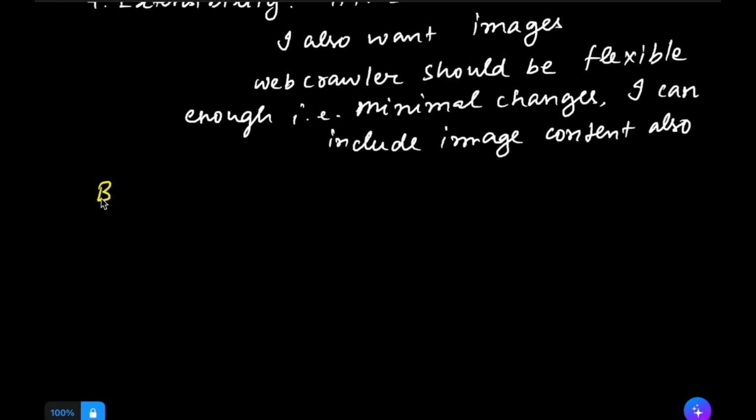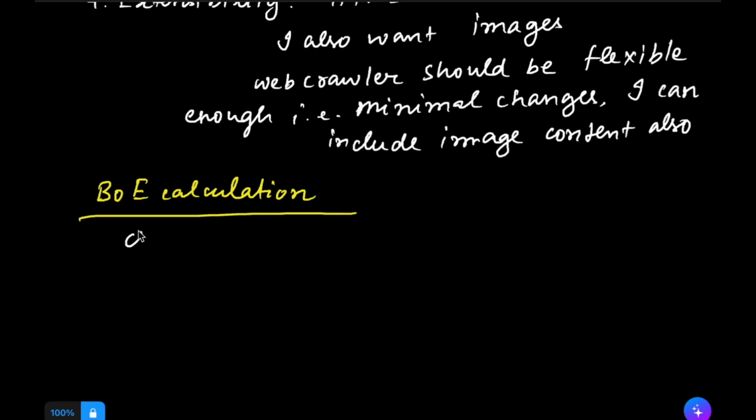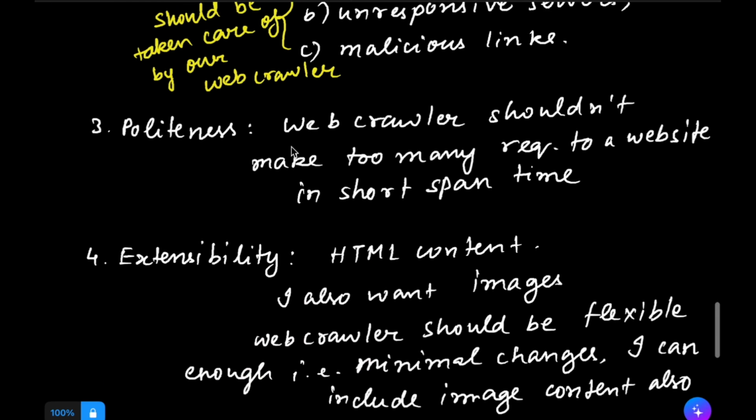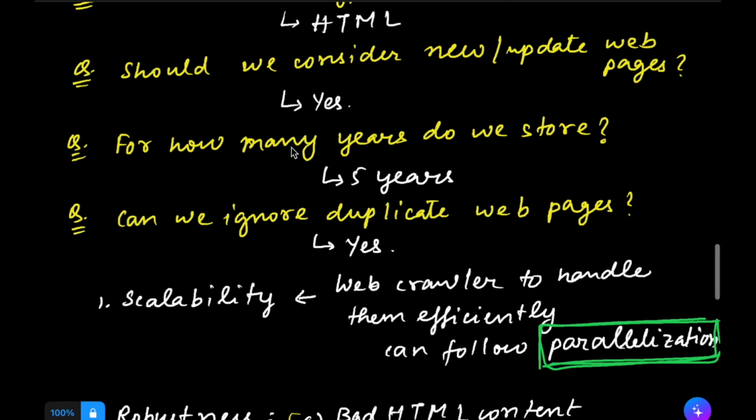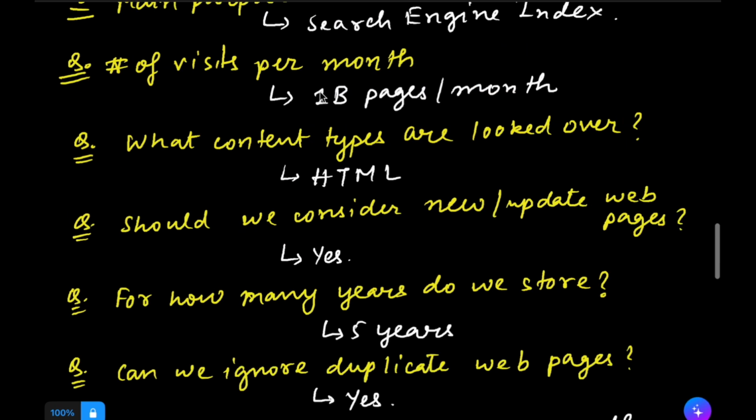So let's do some back of the envelope calculation. How many queries per second? You remember we discussed 1 billion web pages it would be visiting, 1 billion web pages per month.